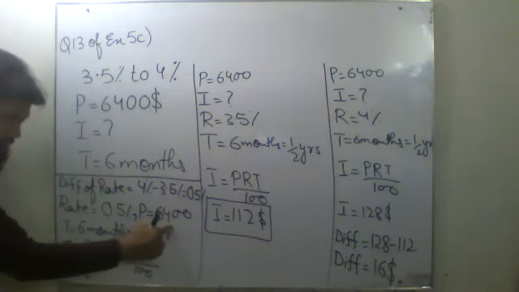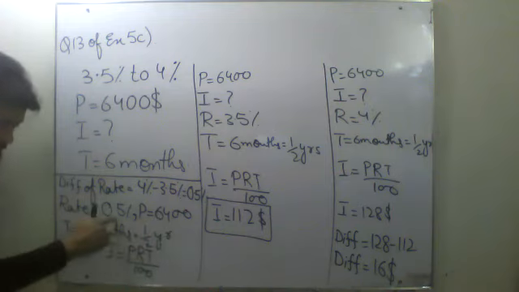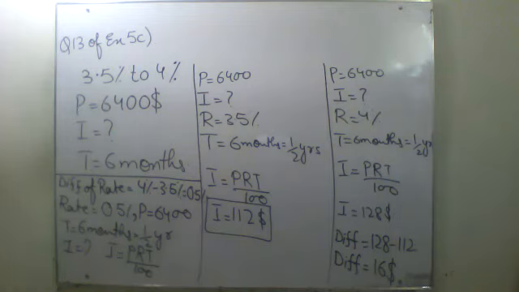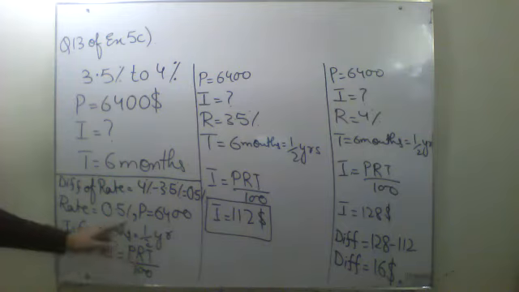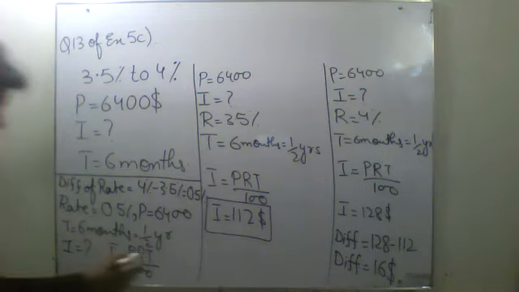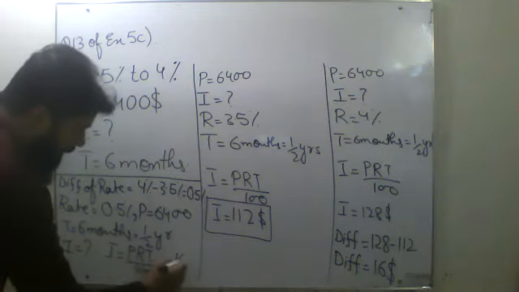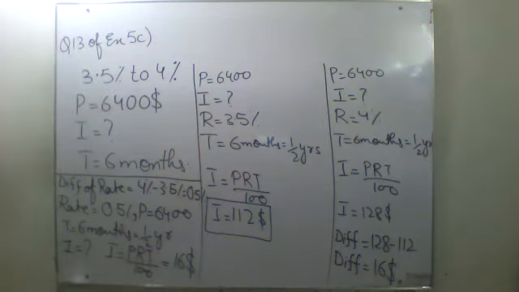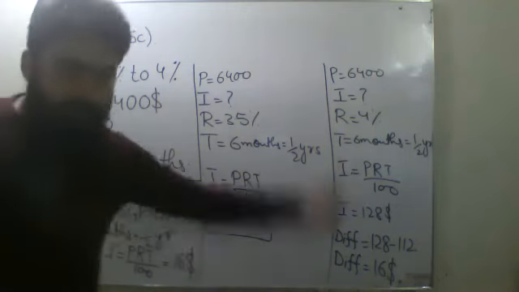P will be 6400, R will be 0.5, T will be half divided by 100. Okay, 6400 into 0.5. When I simplify it directly, my answer is coming $16. Okay, so I am getting a $16 difference if I do it like this.